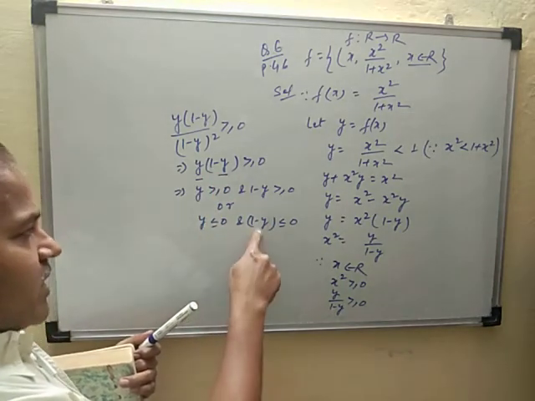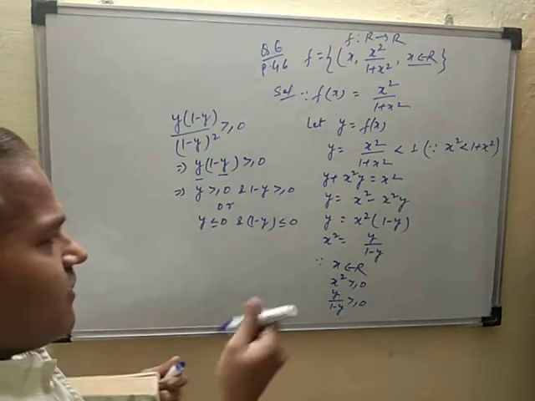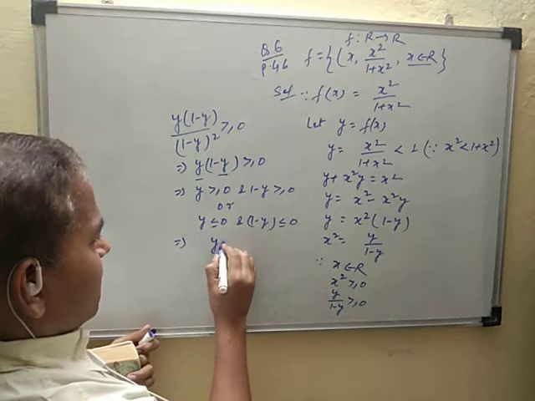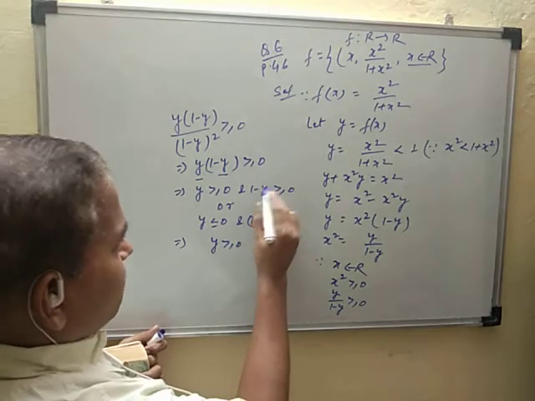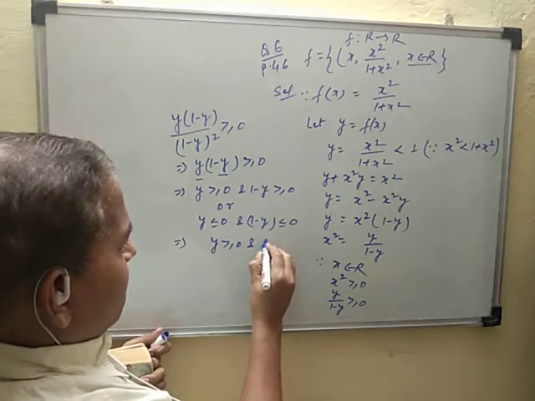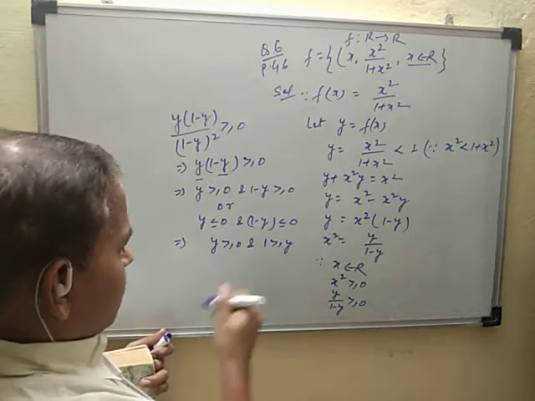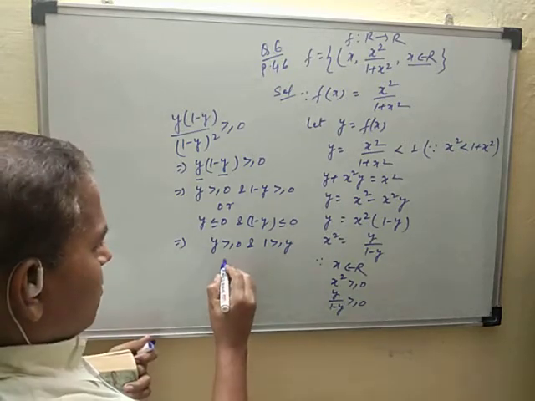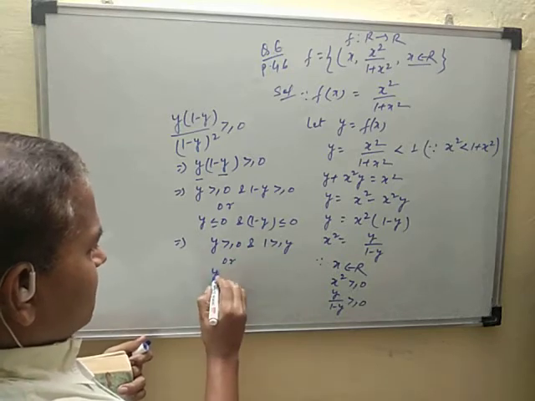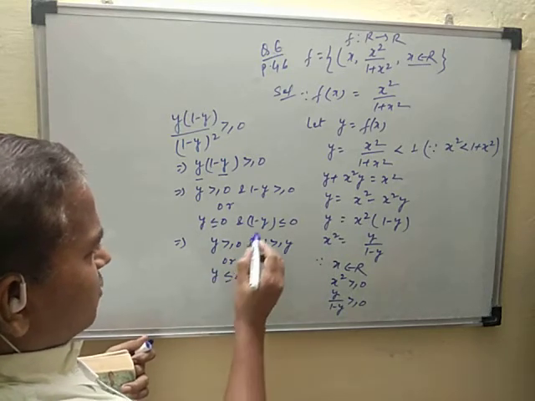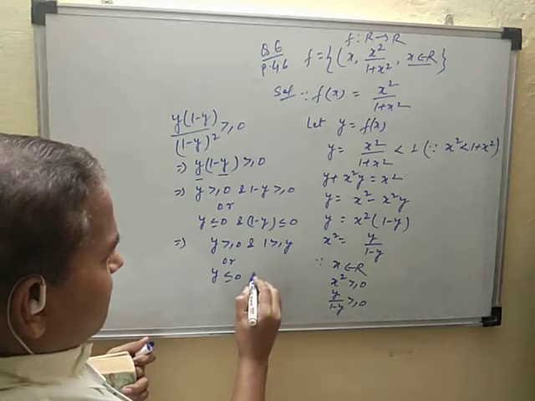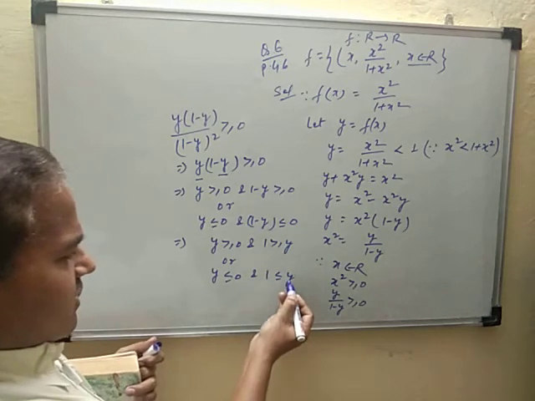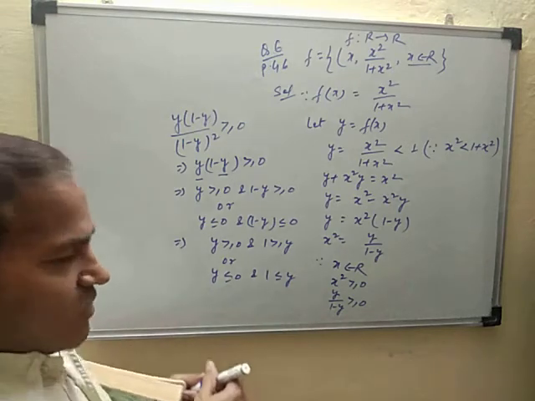If both are negative, then also the product is positive. So this implies your first case y greater than or equal to 0, and taking y to the right side, 1 greater than or equal to y, that is y less than or equal to 1, or second case y less than or equal to 0, and taking y to the right side, 1 less than or equal to y, that is y greater than or equal to 1.